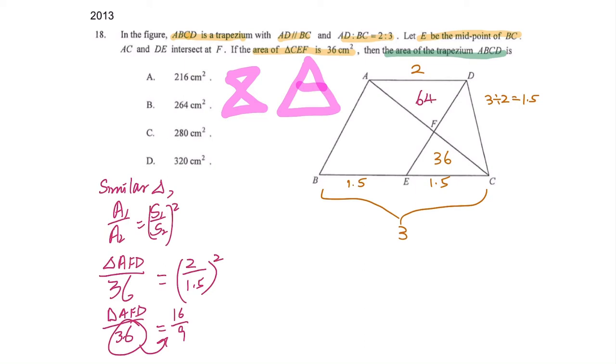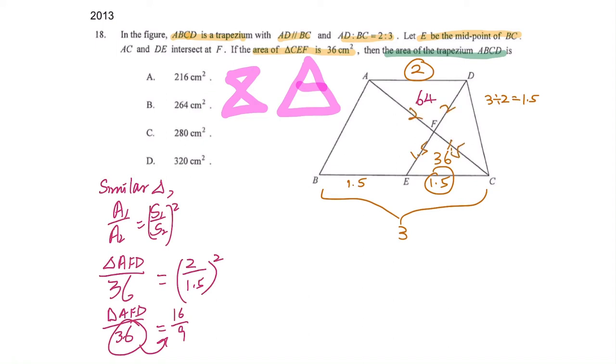Okay, and one more thing for this question is that if you have same base and different height triangles, then their area ratio is the height ratio. So let me write it for you. And another thing is, in similar triangles all the side ratios are equal. So if this is 1.5 and this is 2, then these are also 1.5 to 2, 1.5 to 2.